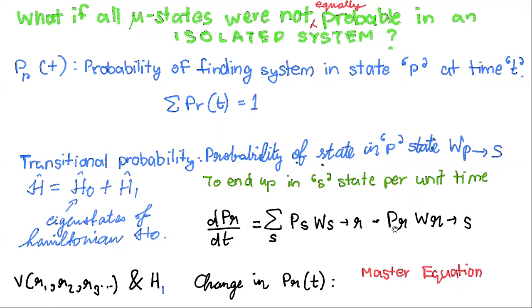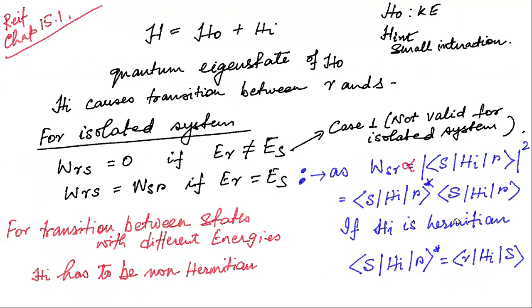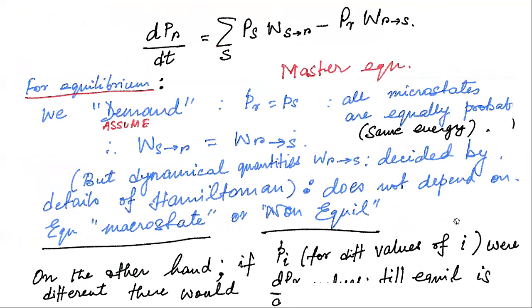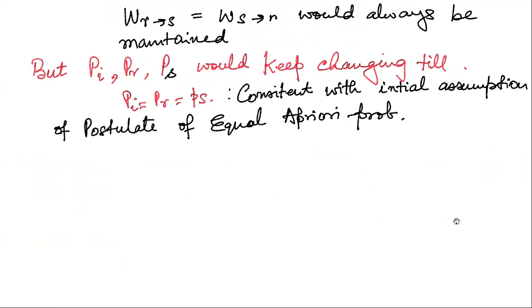There is some net transfer of probability from a particular pair of states, but the overall sum is equal to 0. So that will be the steady state, whereas if each of these terms is individually 0, that's the condition of equilibrium. That's no net probability current from one microstate to the other, right?